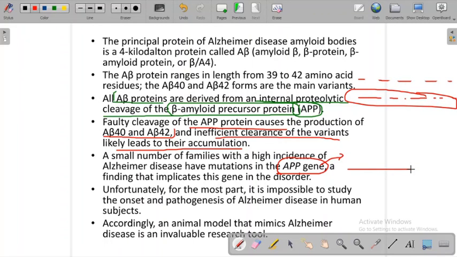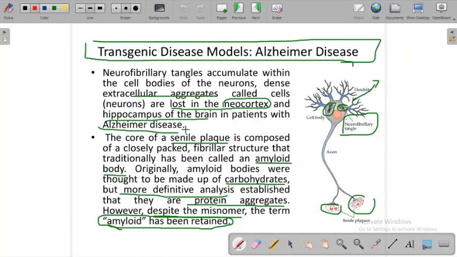Now in the animal, what we are actually doing is introducing the corrected APP gene, checking it, and making a knockout of the true APP gene, so we are producing Alzheimer's transgenic mice, right?